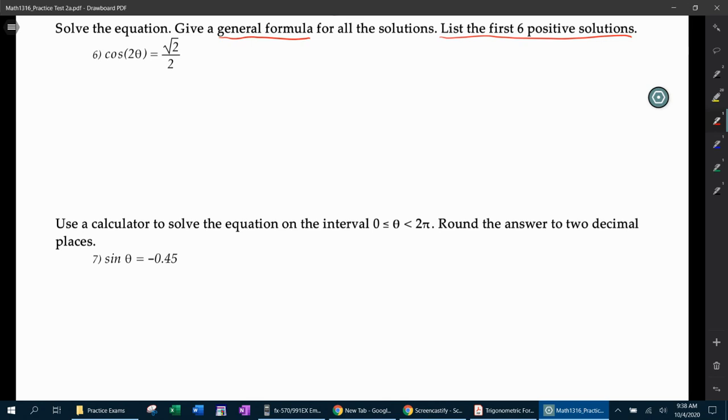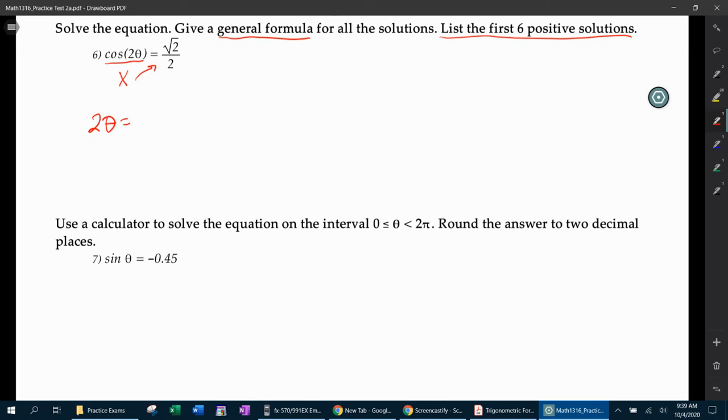First step, notice that the trig function is already isolated. So I'm going to look for all of the x coordinates in the unit circle that have positive square root of 2 over 2, okay? And that's what 2 theta will equal because that's the angle. The angle is 2 theta.